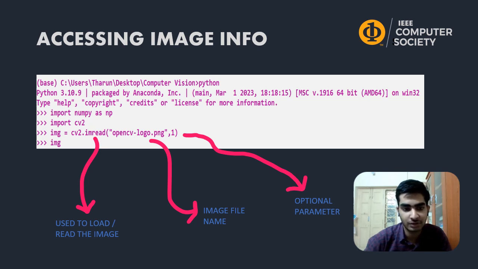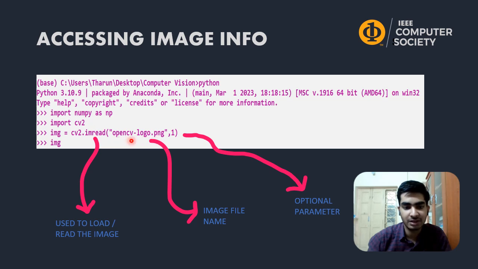To read an image, we use a function called imread, which is short for image reading. So I am assigning a variable img equal to cv2.imread, and we need to type the name of the image along with its image type.